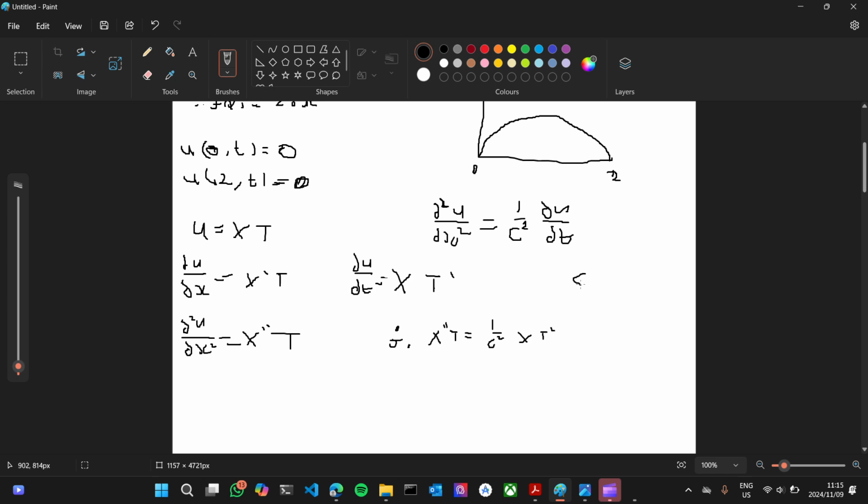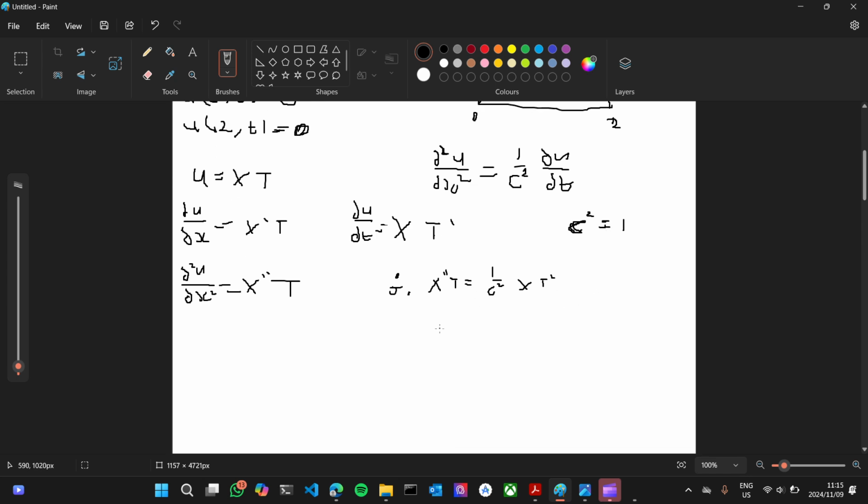Now we're going to assume that c squared is equal to 1 unless they specifically stipulate what c is. It's best to just assume it to be 1. Okay, so that's going to be x double prime t equals x t prime.